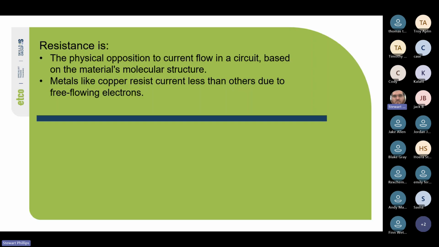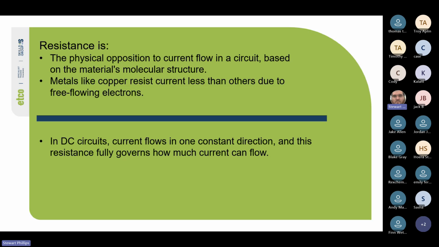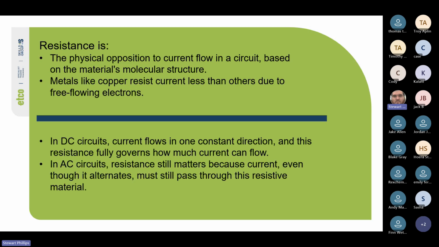by the current flow. In DC circuits, current flow is in one constant direction, and this resistance fully governs how current can flow. But in AC circuits, resistance still matters because current, even though it alternates, must still pass through this resistive material.